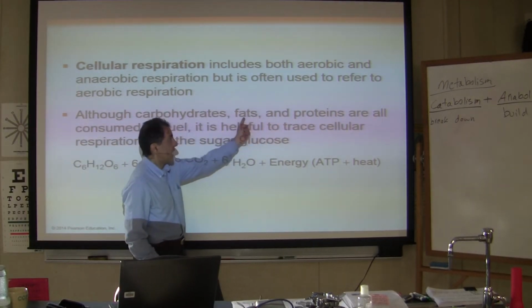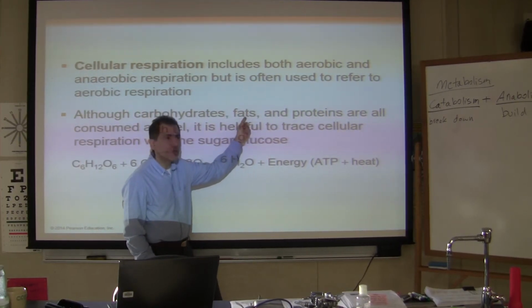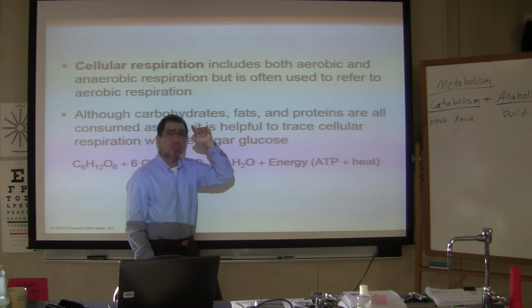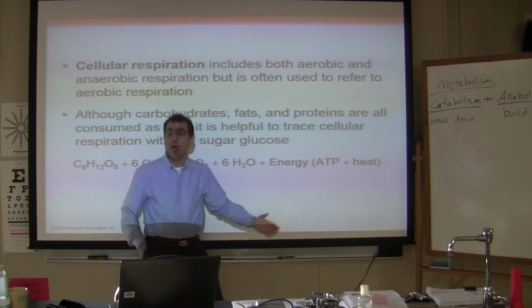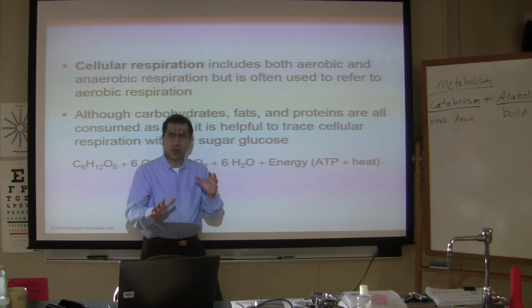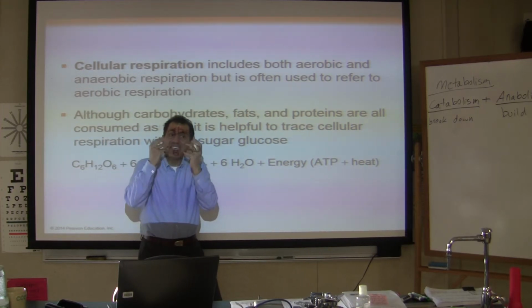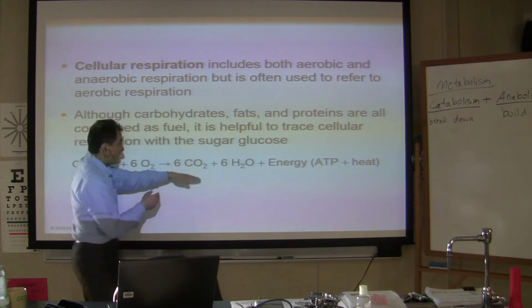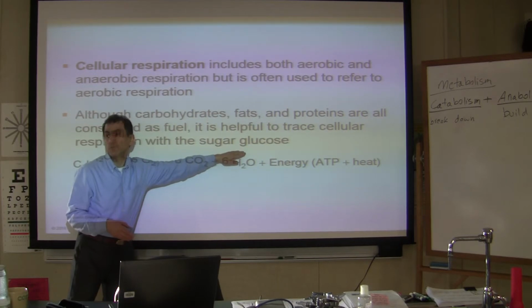And the oil you fried or scrambled it with, those also will turn into energy. Those will also undergo cellular respiration. But it is easier to understand the material if we first go through carbohydrates, go through glucose.